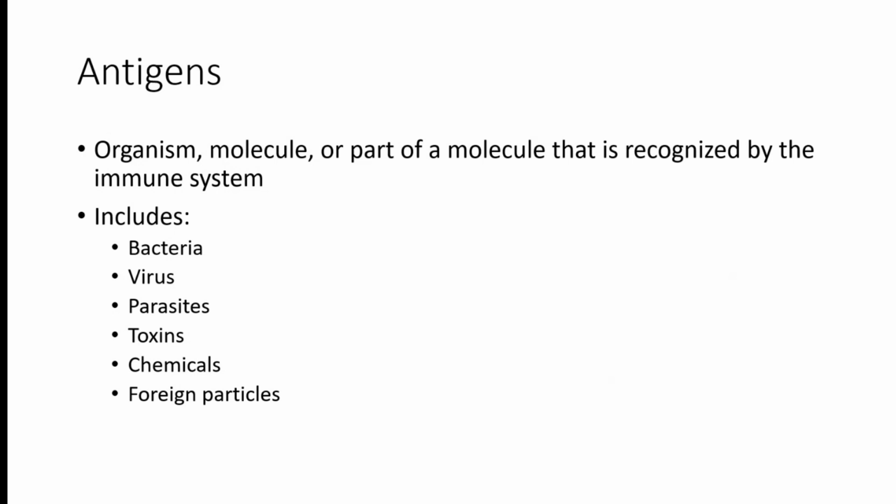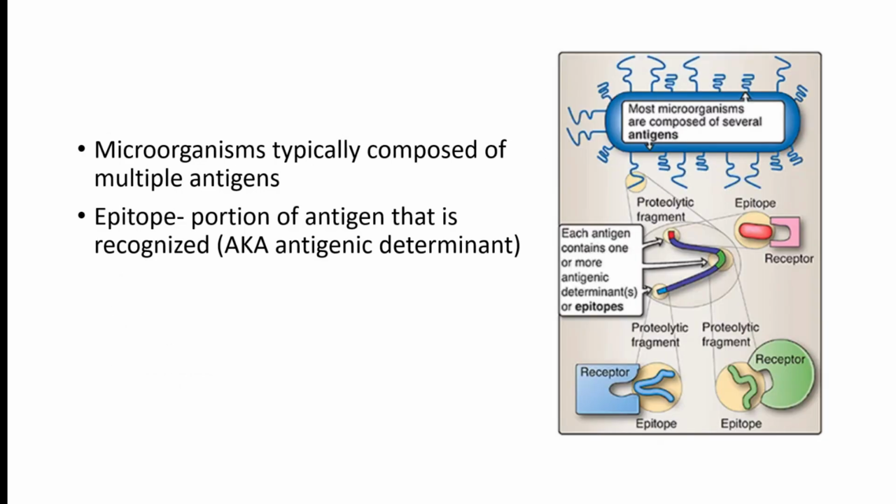It could even be a chemical, a toxin. It could be a foreign particle. Folks who suffer from seasonal allergies may experience an immune response to a plant spore or a mold spore, and that is an antigen as well, right? So this is kind of a generic word, but we use it a lot in immunology.